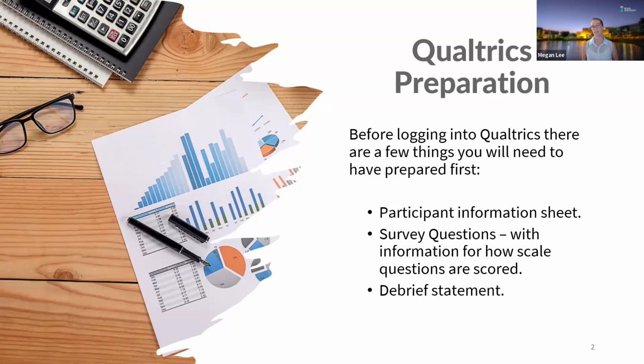And then your debrief statement. So what are you going to say to your participants at the end of the survey, giving them things like lifeline numbers and things just in case the survey has impacted their emotions or their feelings. So let's have a look at that very first.